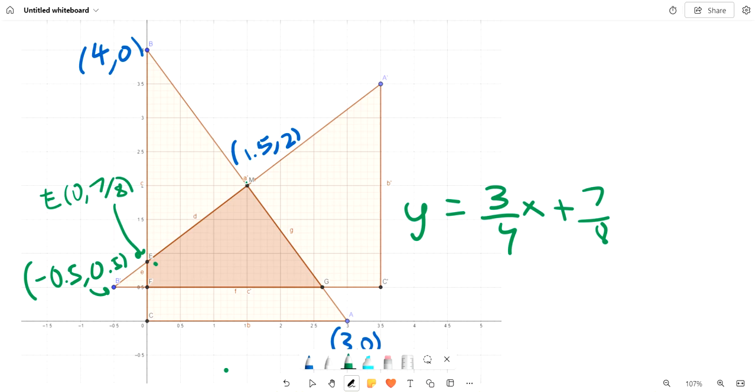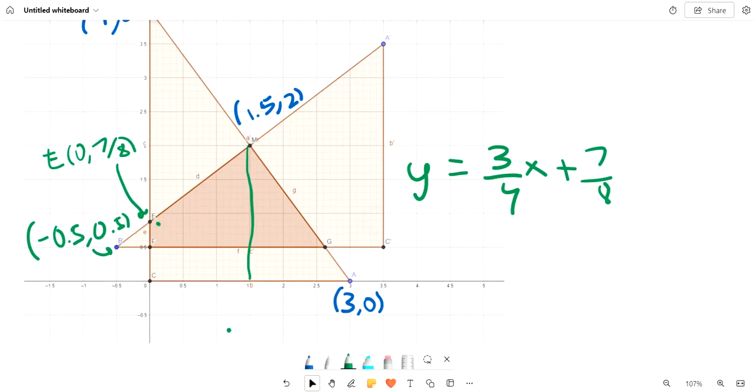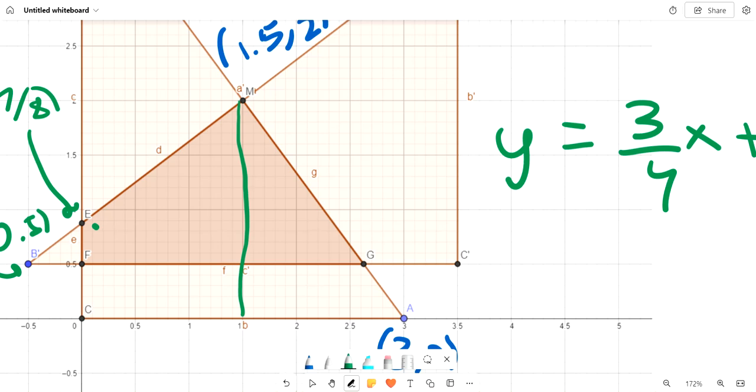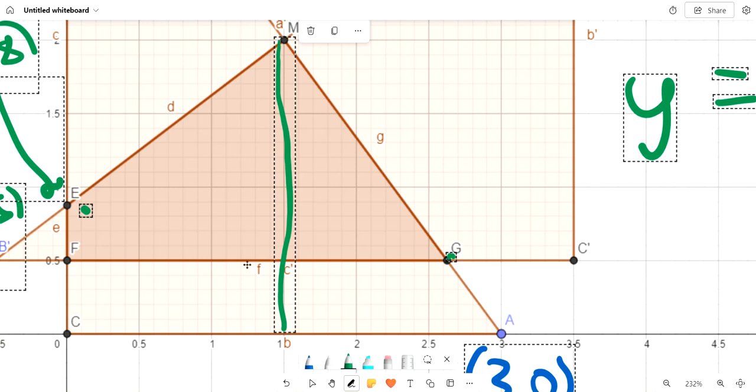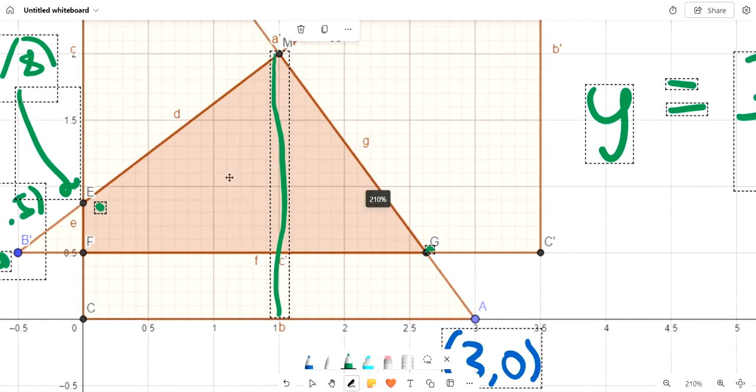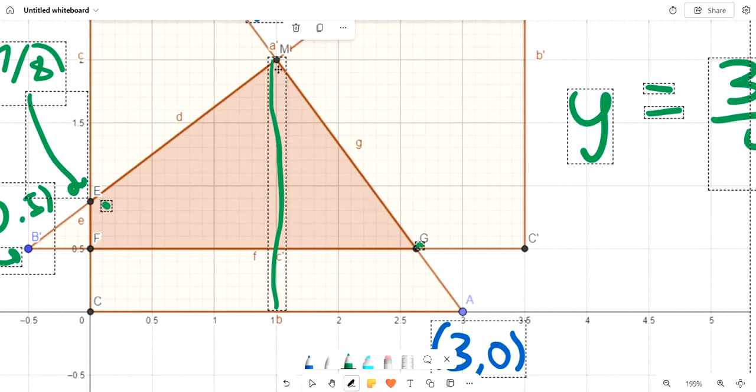And now let's divide here by M. Let's draw a line down here. And so we see that if we find this trapezoid over here plus this triangle, that will equal the thing we're trying to find.